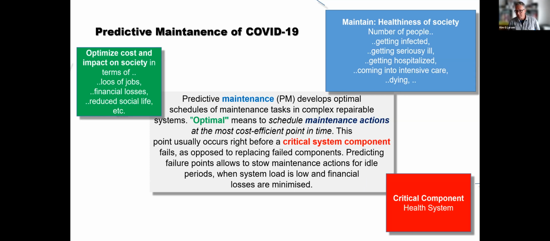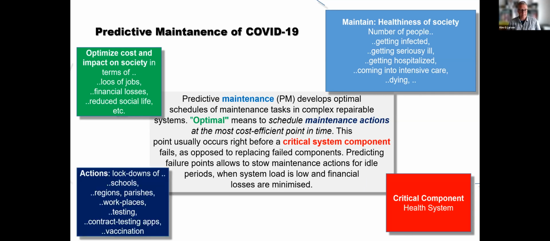What could be critical system components? I think the health system, how many are hospitalized? Is it going to break down that particular system? Something you can think of. This is definitely something that has been very important in Denmark to look at. And what are the actions we can take? Well, we can lock down things like schools, entire regions.